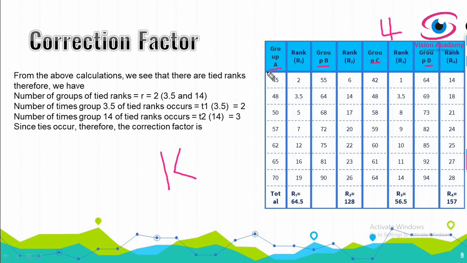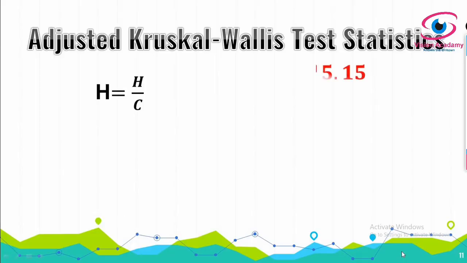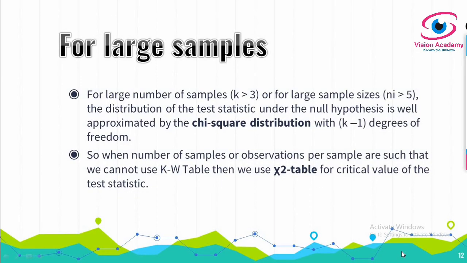And one more thing, there are 7 samples in each group: 1, 2, 3, 4, 5, 6, 7. There must be only 5 samples in each group, but here there are 7 samples and 4 groups. So how to deal with this case? That is the case of a large sample.